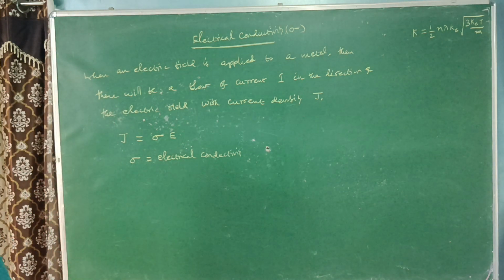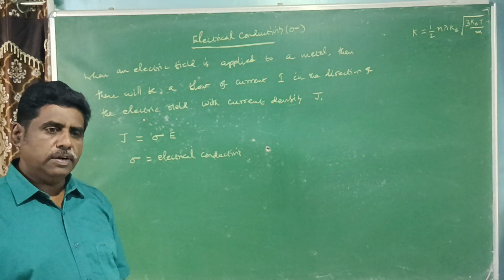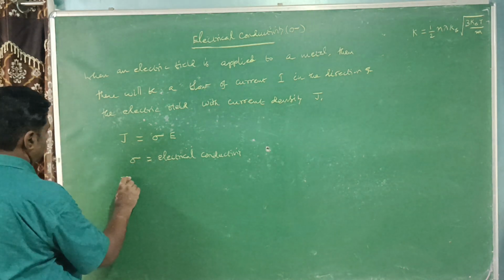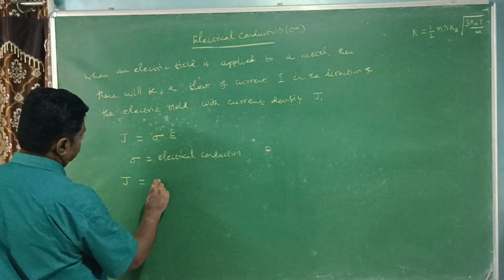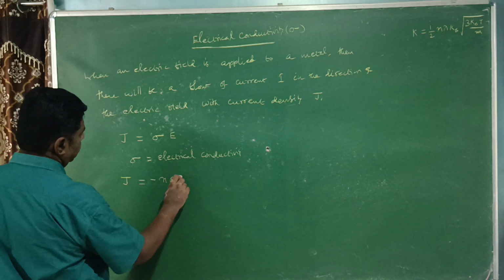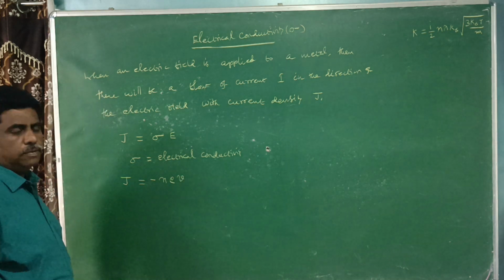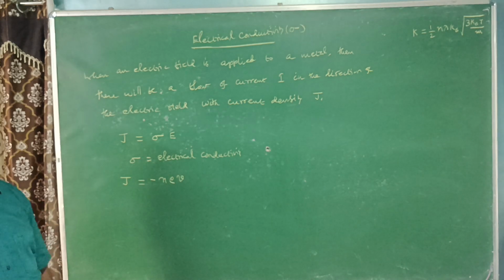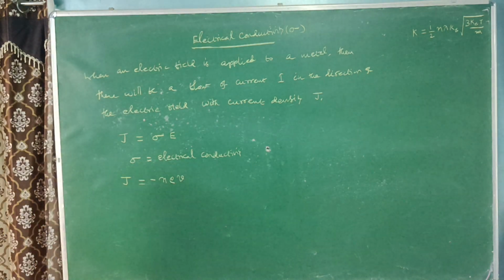But the current density depends upon the number of electrons, charge of the electron, and the velocity of the electron. J is equal to n, the number of electrons, charge minus e into v. J equal to minus n e v.